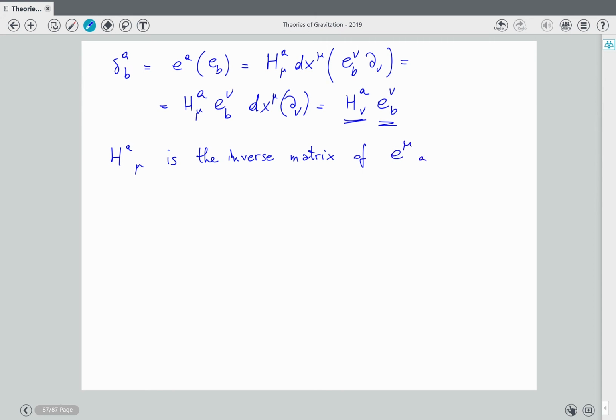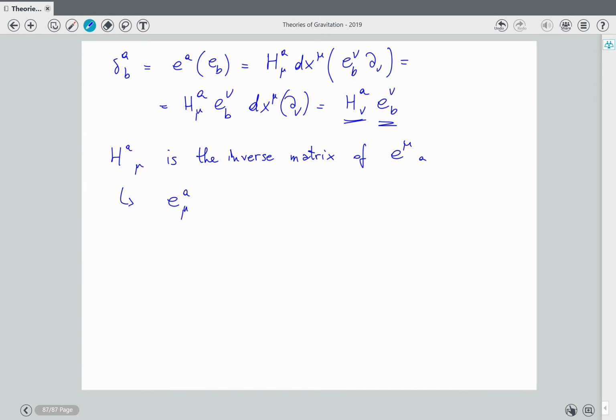Notice how I displace the indices just for clarity, but they won't be displaced any longer. This matrix is written like this: E A mu.